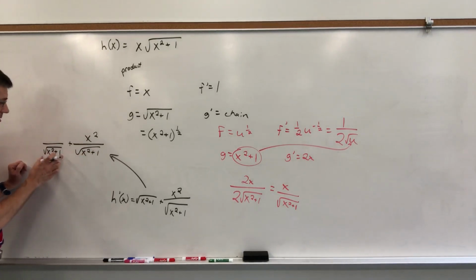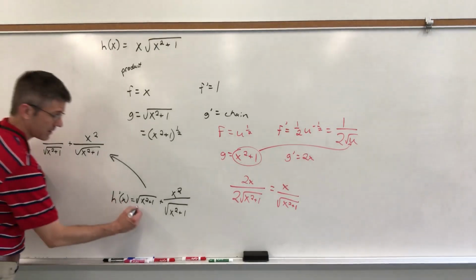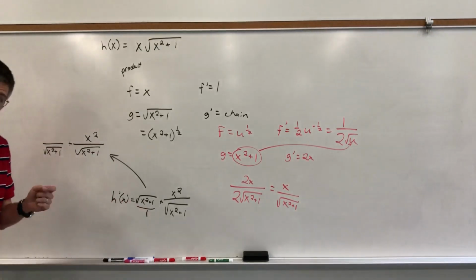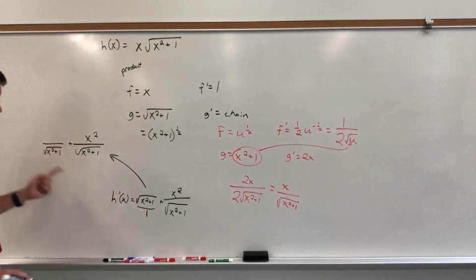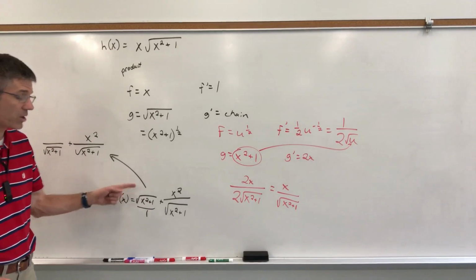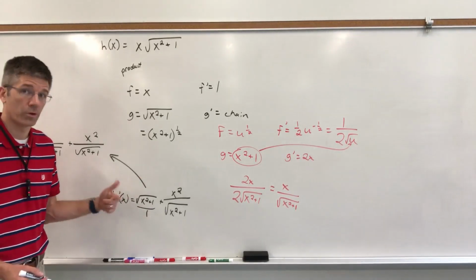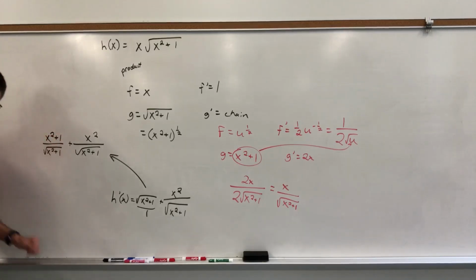And if I'm going to multiply by that in the denominator, I need to multiply by that same thing in the numerator. So basically, multiplying by the square root of x squared plus 1 in the numerator and denominator puts it in the denominator and then cancels the square root out of the numerator. So I'd have square root of x squared plus 1 times square root of x squared plus 1. That's just x squared plus 1.